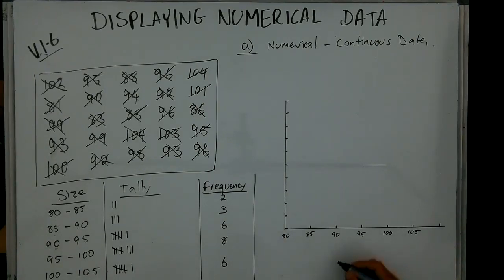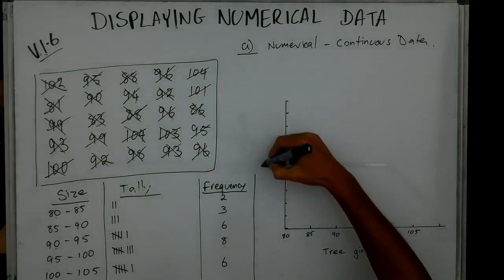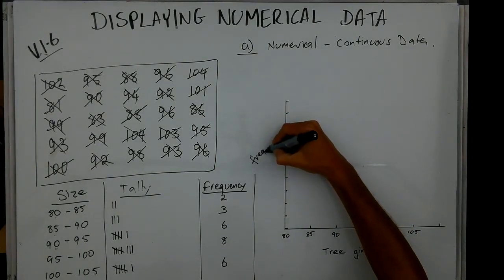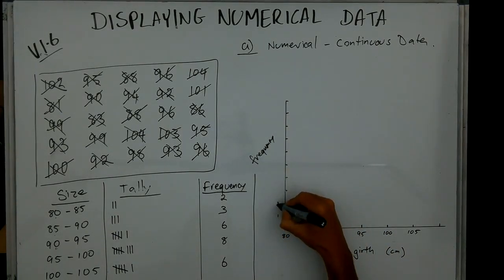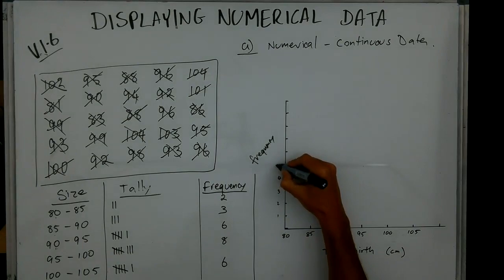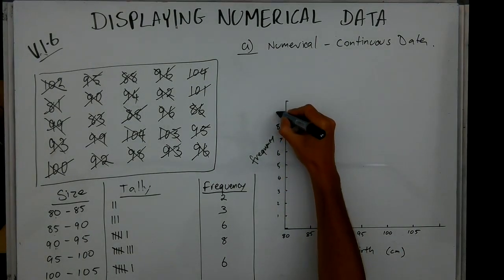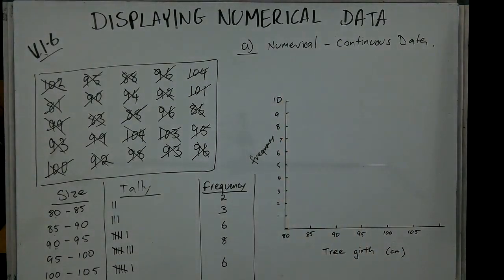Don't forget to label the axes: tree girth, centimetres. Then a regular scale on the frequency axis: 1, 2, 3, 4, up to 9, 10.